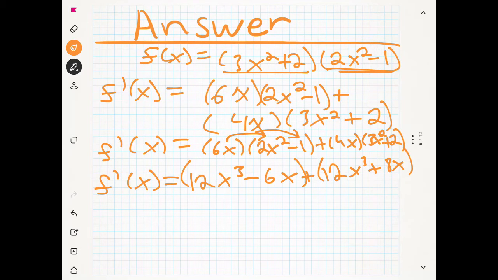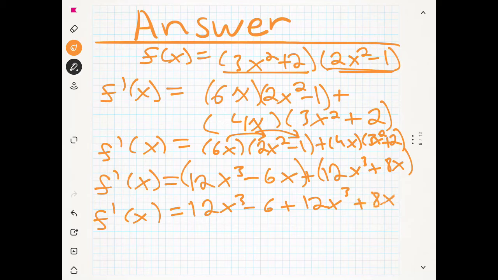All right, now that we have both sides, let us put everything together now. 12x cubed minus 6x plus 12x cubed plus 8x.